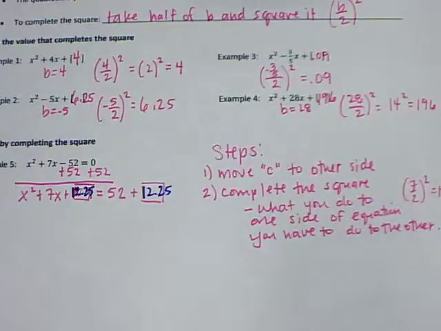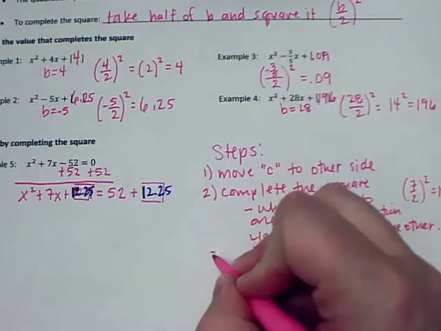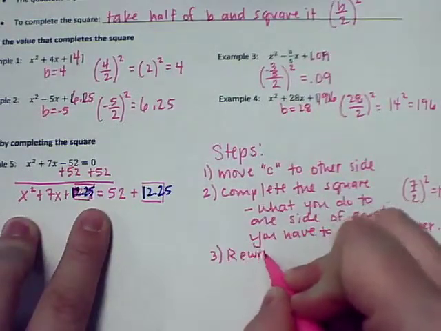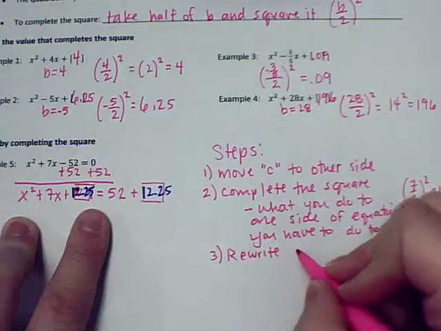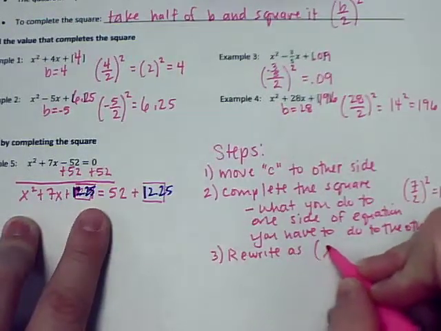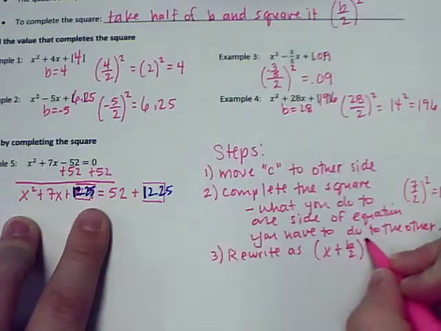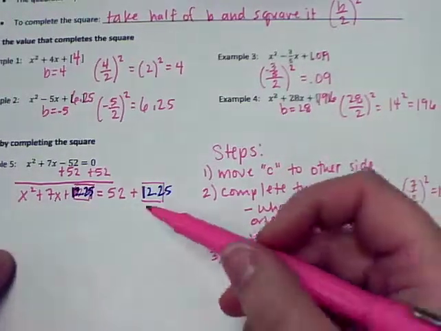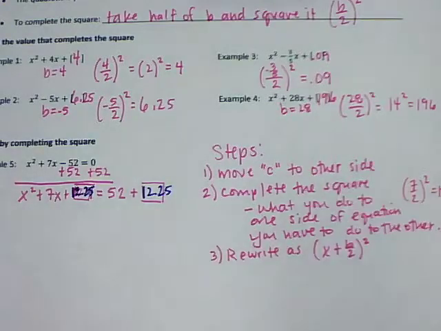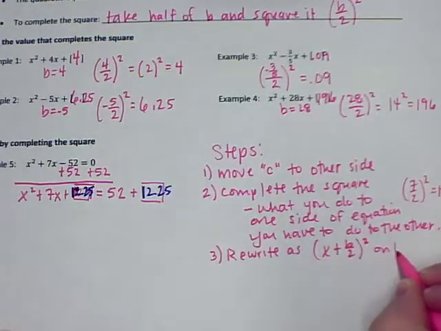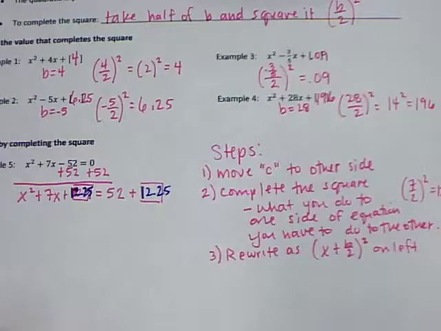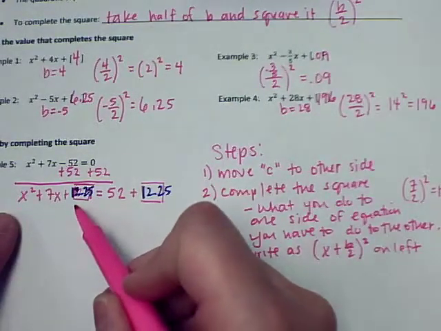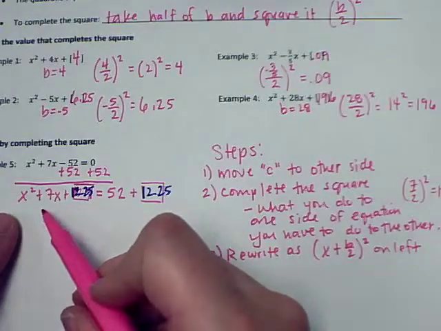All right, so after we complete the square, we're going to rewrite this left-hand side as x plus b over 2 squared. So basically we're factoring it. The way this works is now that these are perfect squares, so I want to know what two numbers multiply to be 12.25 but add to be 7.